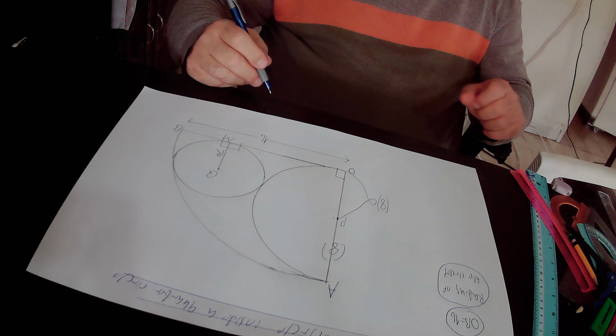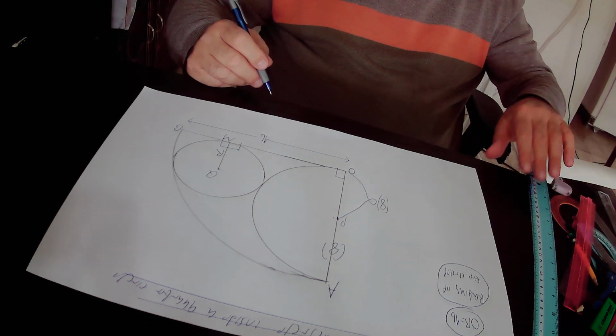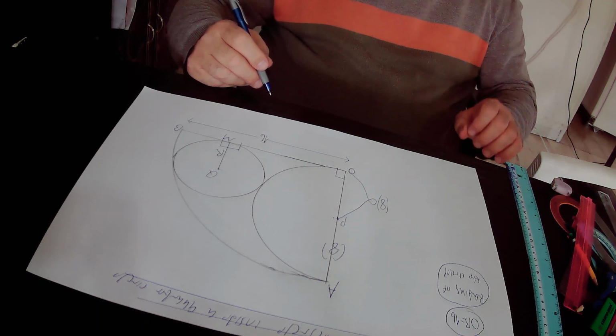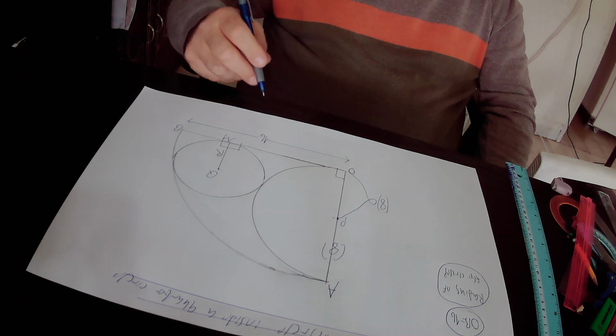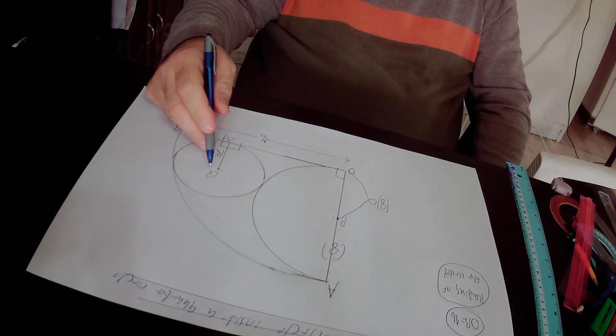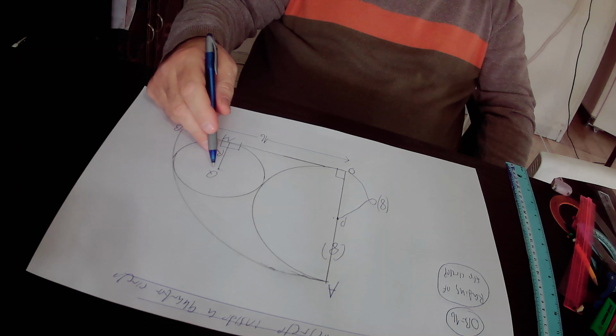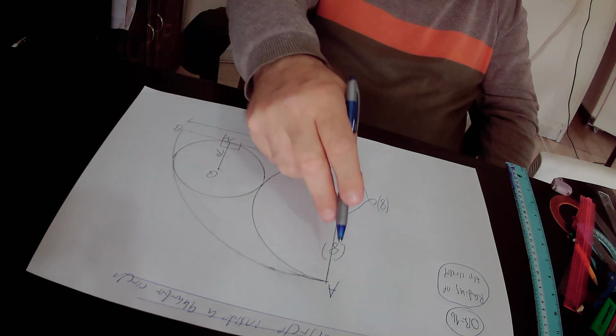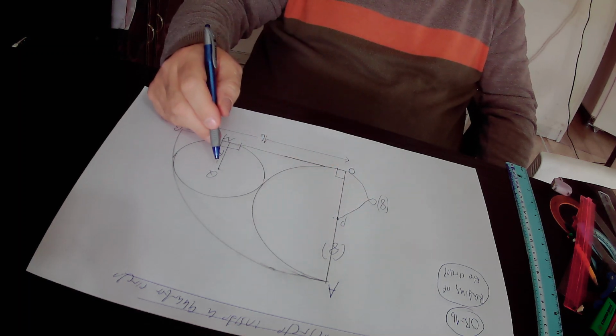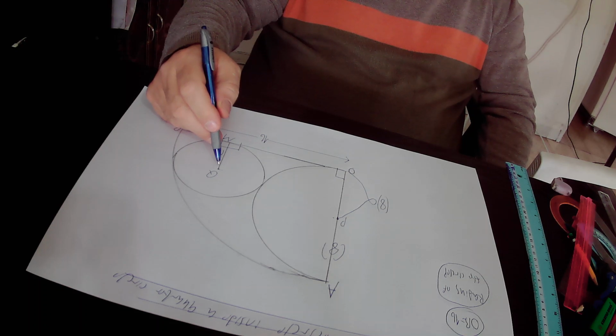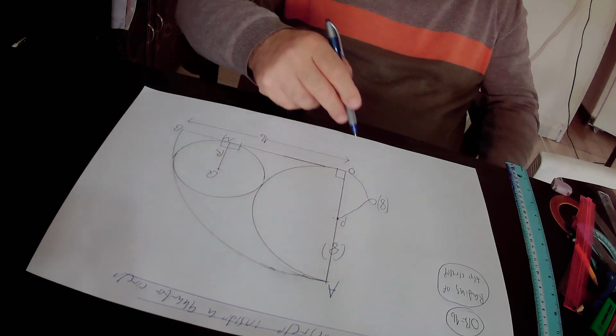Okay, in the next step we will do a construction. That is to say, from the center of this small circle, from point Q, we will draw a perpendicular on side AO. Repeat again, from point Q, we will draw a perpendicular on side AO.